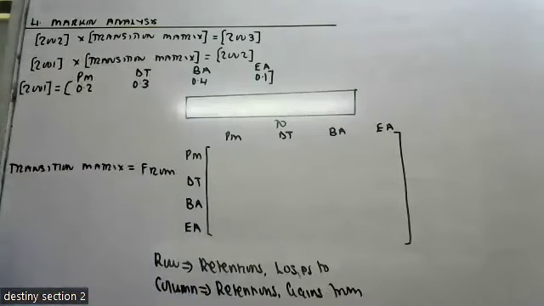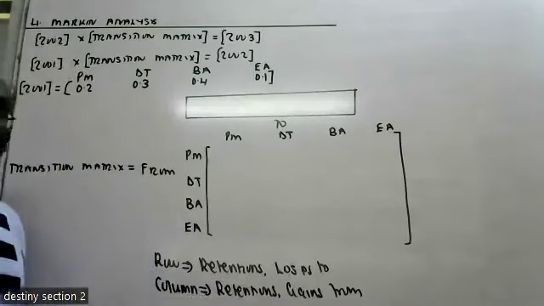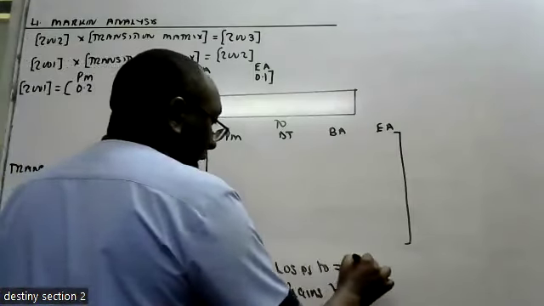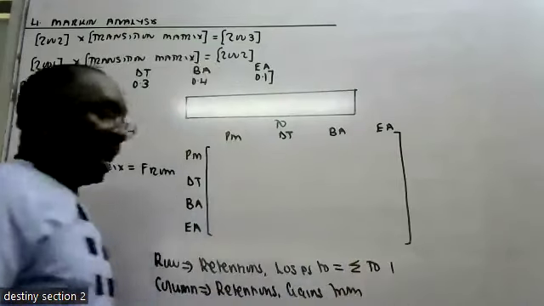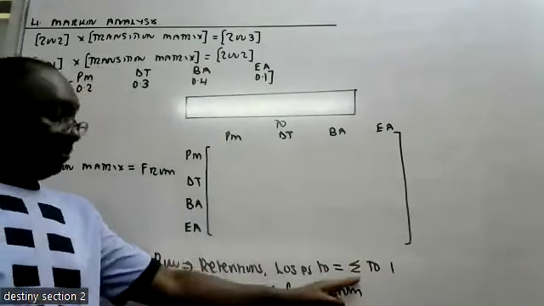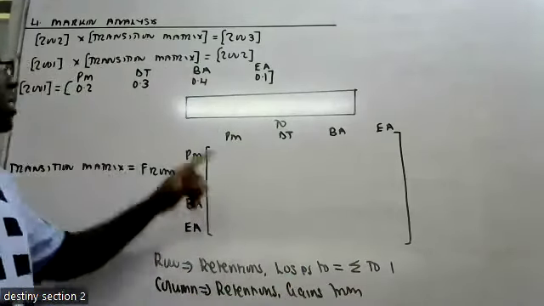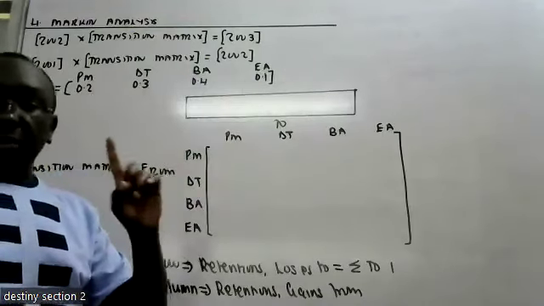The other thing that you notice is that the values in a row should always sum to 1. They should always add to 1 when you're dealing with a row. You see, like now, this one is a row, this plus this plus this plus this should be equal to 1.